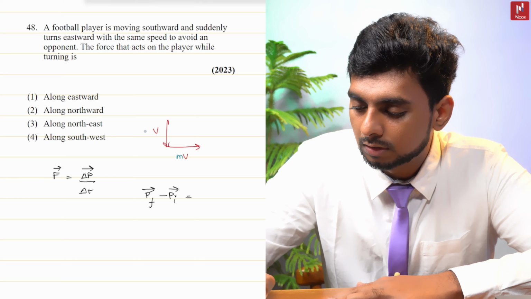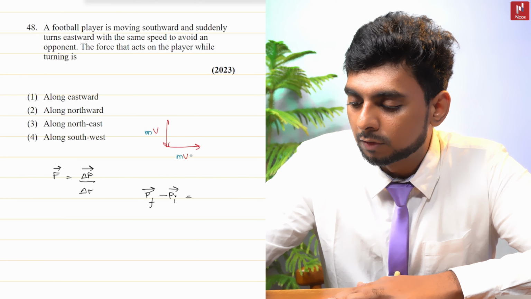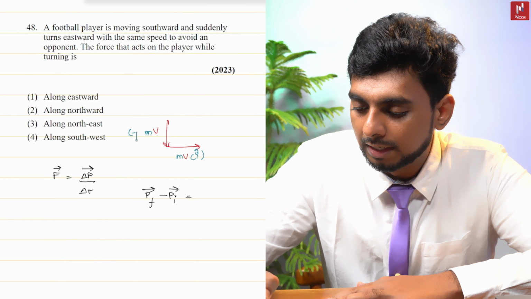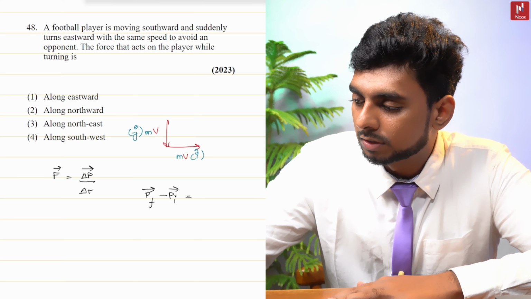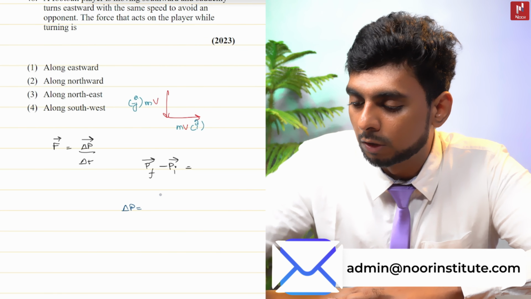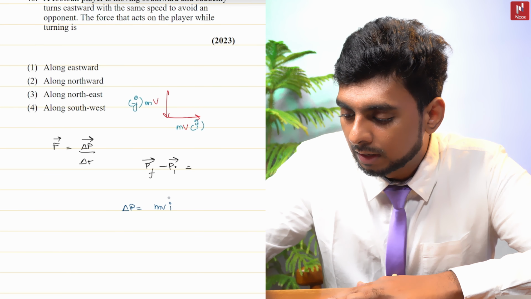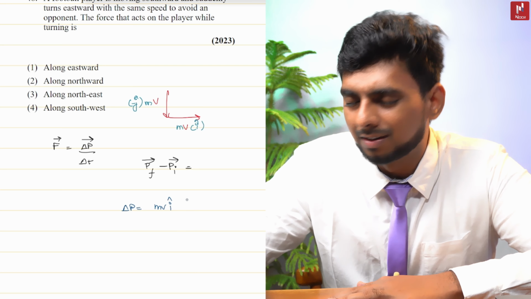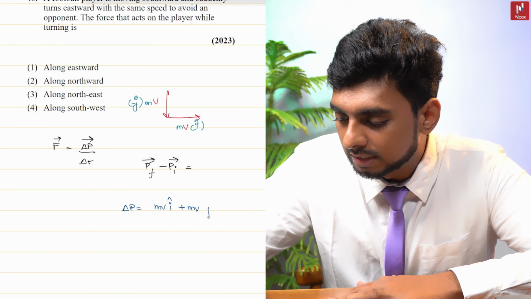So this will be mv. The final momentum was along the direction plus i cap, and the initial momentum was along the direction minus j cap. If I subtract those two, I'll get the change in momentum. Therefore, change in momentum delta p will be final minus initial. The final will be mv i cap minus the initial, which is negative, so it becomes positive, therefore plus mv j cap.